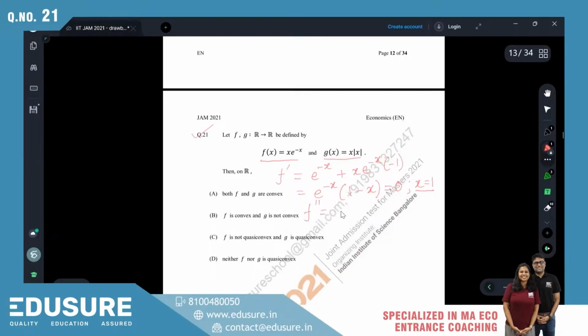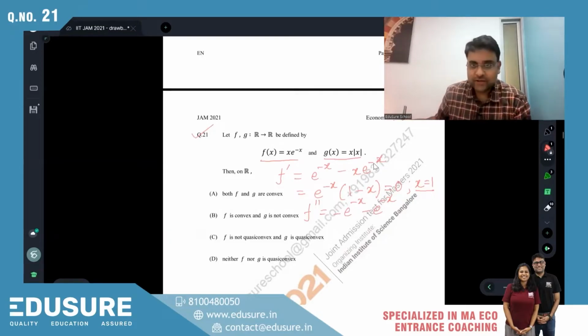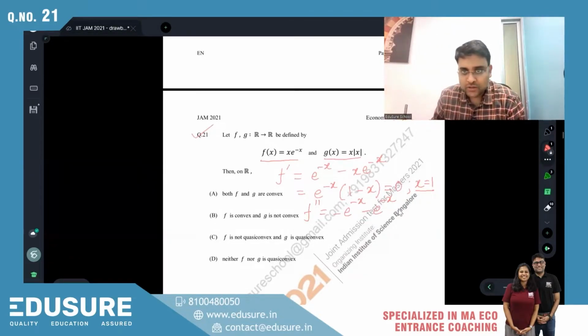f''(x) is equal to minus e to the power of minus x minus e to the power of minus x. Again, I have to take this in u into v format. So we can write this plus x times e to the power of minus x, because I already had a negative sign here.